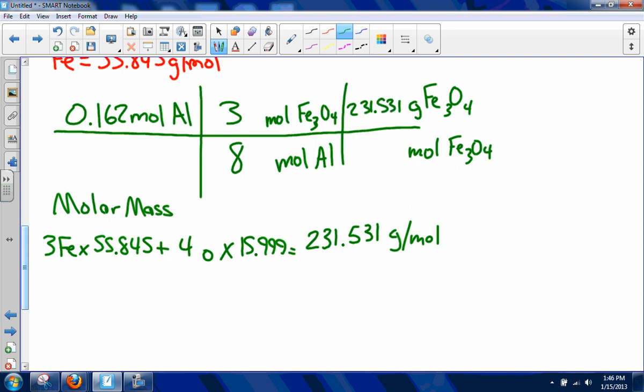We got 231.531. We're going to multiply straight across on the top again. 0.162 times 3 times 231.531.